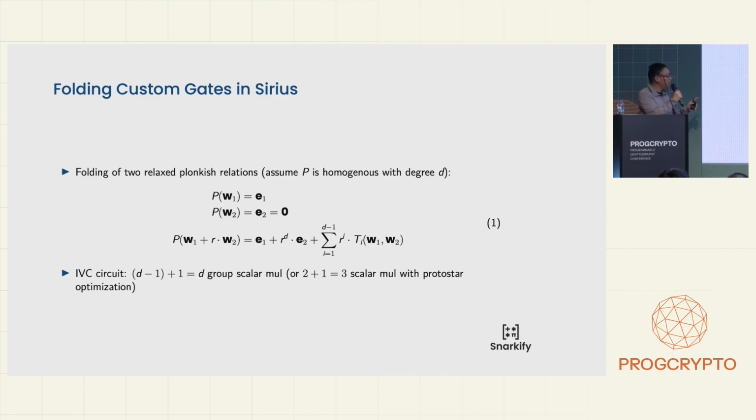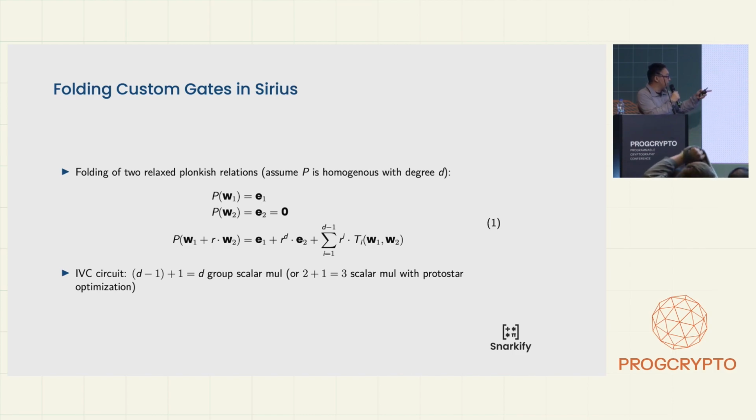So now, assuming the polynomial is homogeneous with degree d, you can directly calculate with this multilinear combination of W1 plus r times W2. r is just some random number. This vector randomly combined together, if you evaluate this polynomial relation, it actually satisfies this complicated relation.